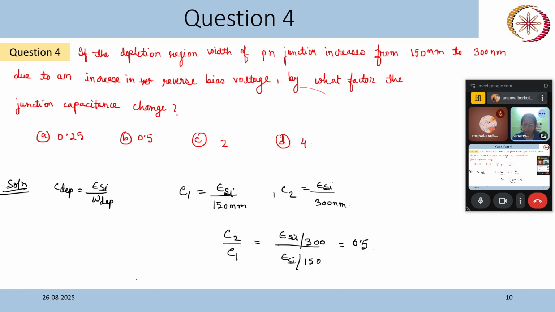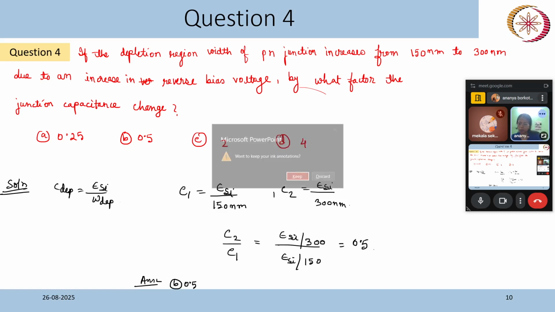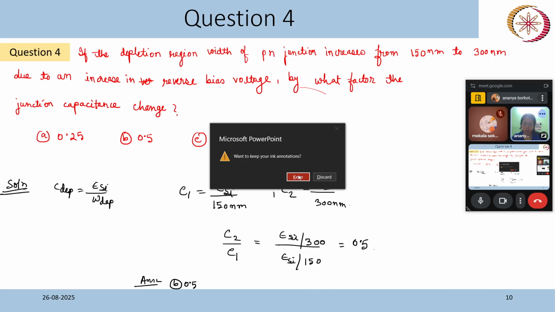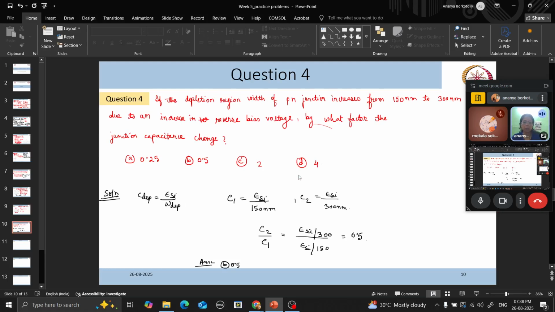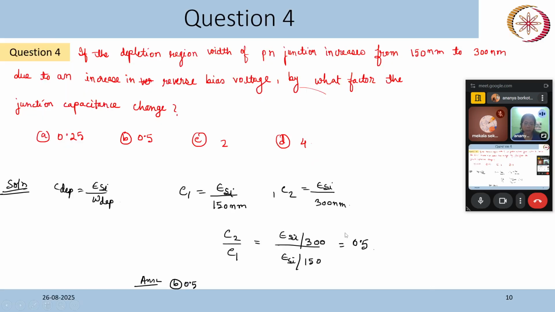Okay, so the answer is B, 0.5. I think you did the opposite. Yeah, so this is the answer. You can also calculate by how much the reverse bias voltage is changing. If you remember how capacitance depends on reverse bias voltage, it is inversely proportional to the square root of VBI minus VA or VR.